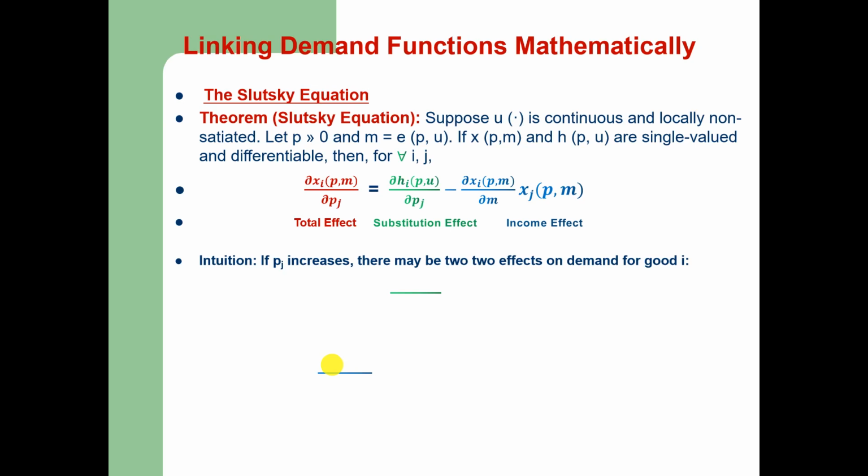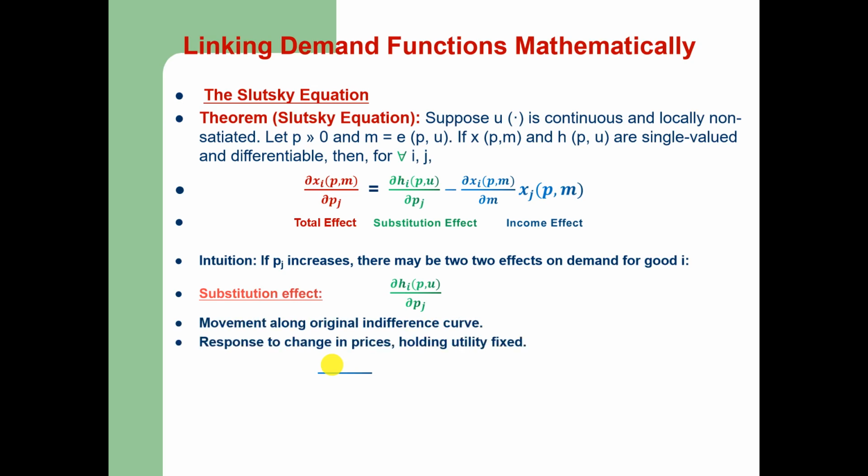The first is the substitution effect, which is given by the partial of hi with respect to pj. This shows movement along the original indifference curve, that is, the change in quantity demanded in response to a change in prices holding utility fixed.